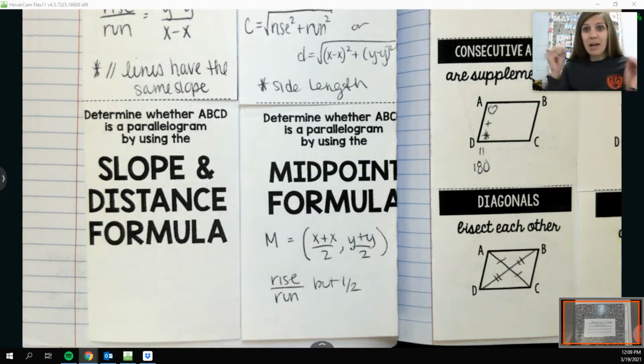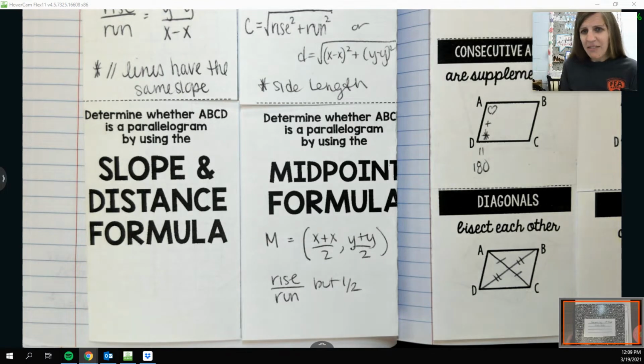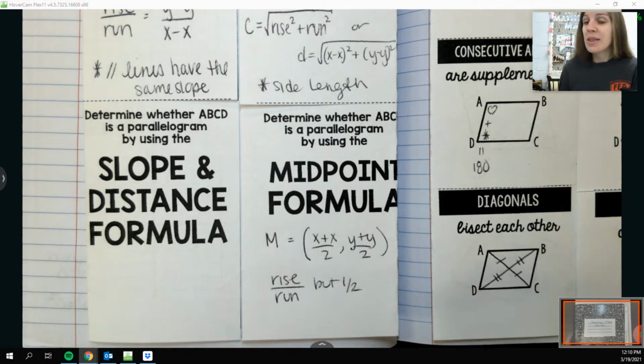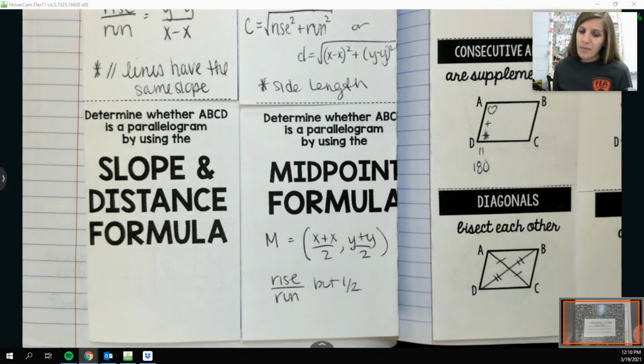So I find my rise over run, but then I only travel half the distance so that I only get halfway. That can be helpful with the diagonals, because in a parallelogram they bisect each other. The midpoint of one diagonal should be the same as the midpoint of the other. So if I find that, then I know that I'm a parallelogram. But then maybe I can find more things about it to see if I'm a better type of parallelogram.